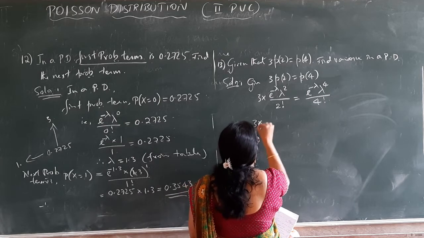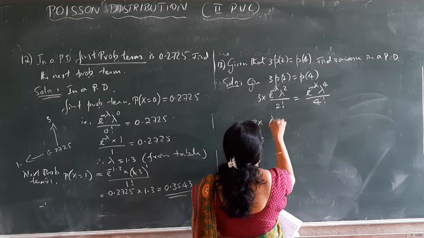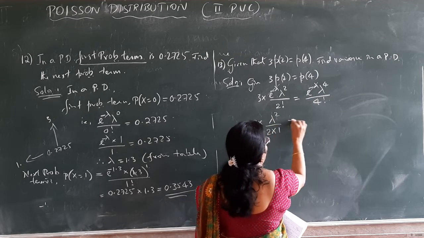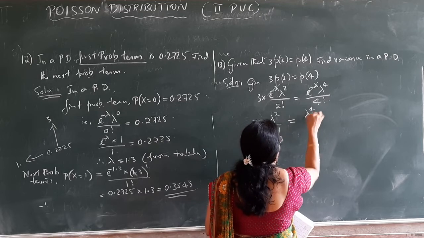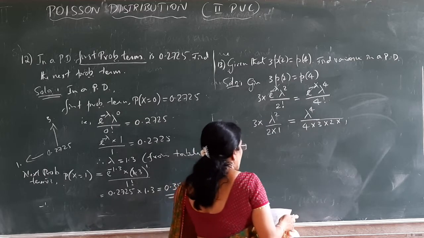Now e power minus lambda gets cancelled, so 3 into lambda square divided by 2 into 1 is equal to lambda power 4 divided by 4 factorial, right? This is what you are getting.